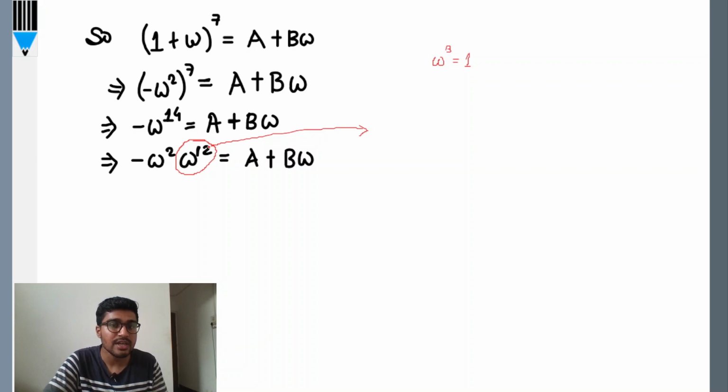Omega to the power 12 can be written as omega to the power 3, whole to the power 4. Omega to the power 3 is 1, so 1 to the power 4 gives us again 1. So this portion is equal to 1.